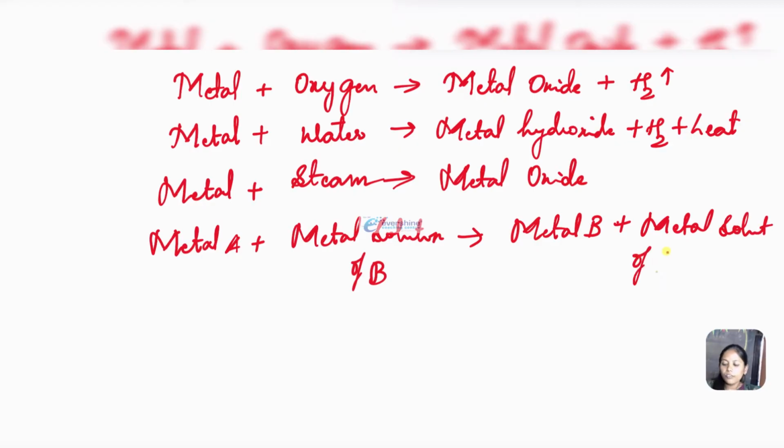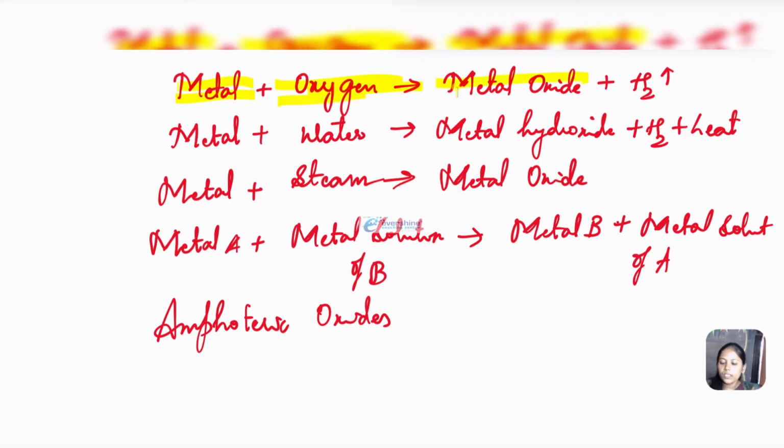And another important topic we studied is amphoteric oxides. What are amphoteric oxides? Some metal oxides react with acid as well as base to form salt and water. So these are all the important topics you should know. Metal plus oxygen, metal oxide. Metal plus water, metal hydroxide.